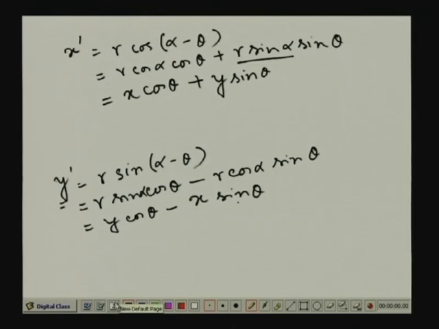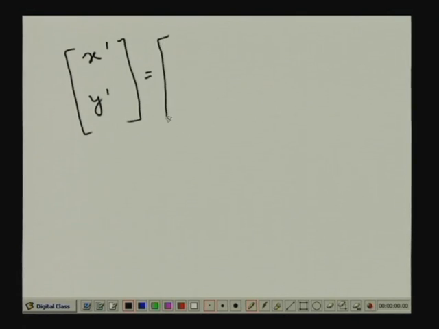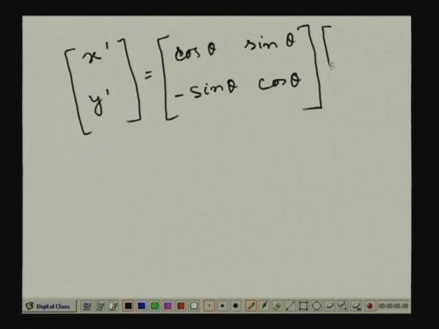Even now, if I represent this in the form of a matrix equation, it becomes x prime y prime is equal to cosine theta, sine theta, then minus sine theta, cosine theta, and then I have the original coordinates x and y.